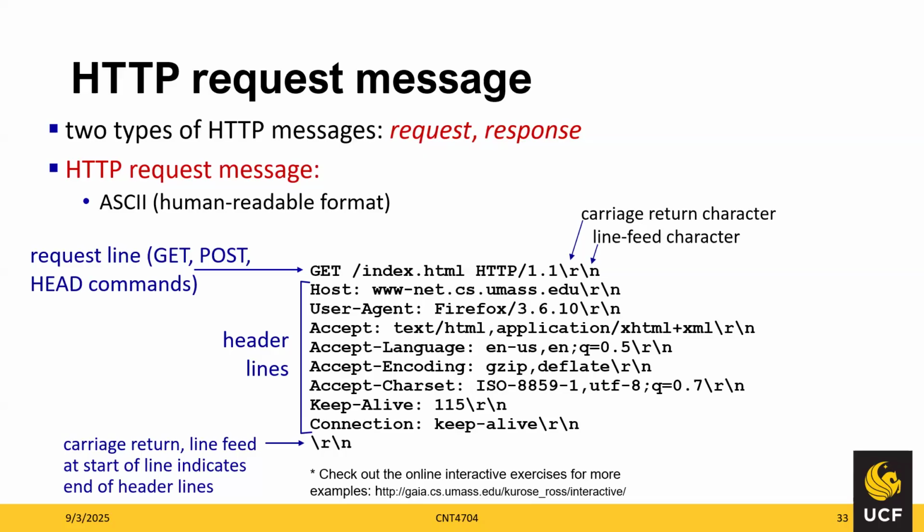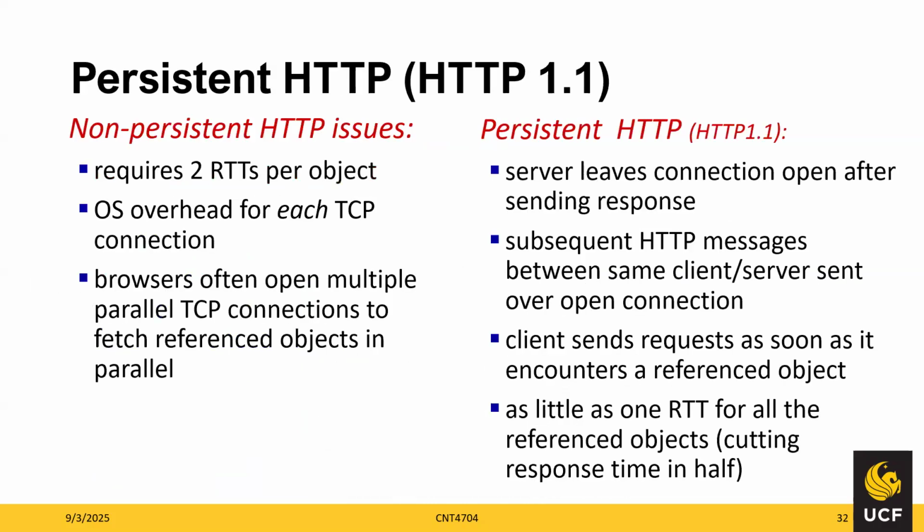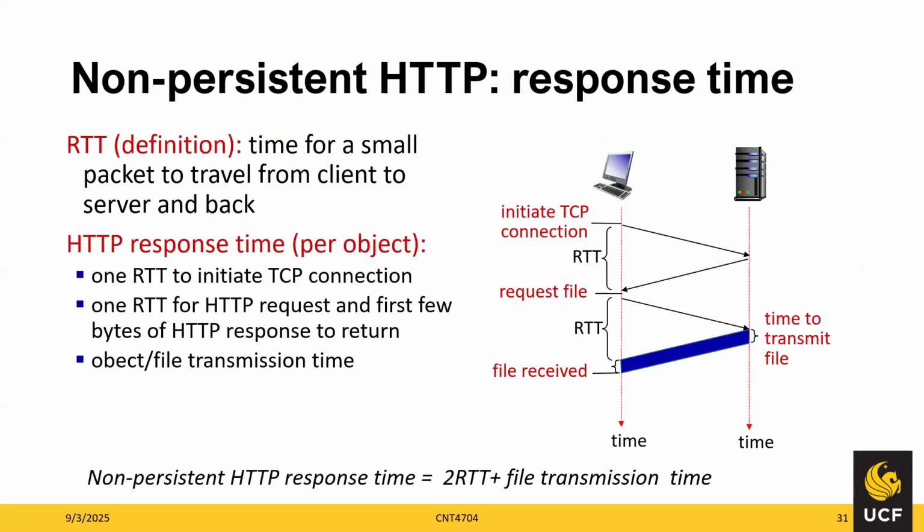So the message ends with a blank line. This marks the end of the headers. And you can see the structure is very simple and human readable. For non-persistent, every single individual request for some object is made over a new connection, so for every object the handshake that we spoke about here gets repeated.